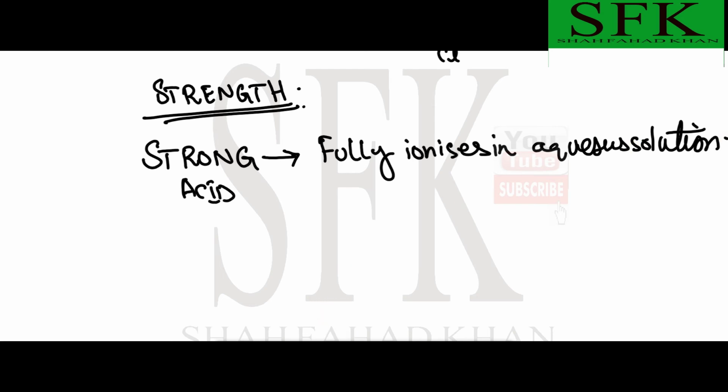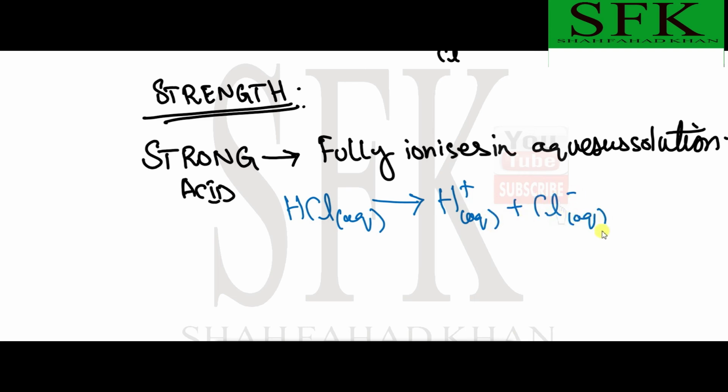For example, if I take HCl and place it in aqueous solution, it would fully dissociate into H positive ions aqueous and chloride negative ions aqueous. This is a strong acid. So HCl is a strong acid.